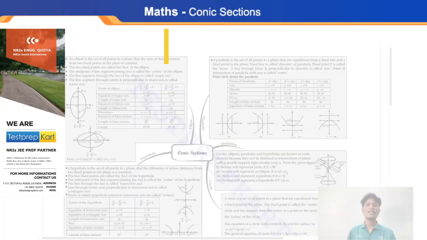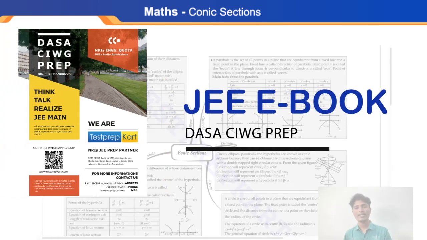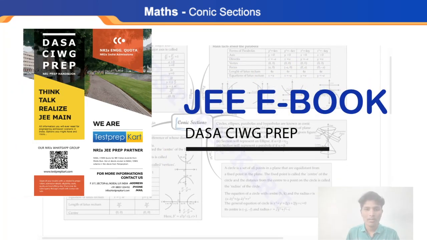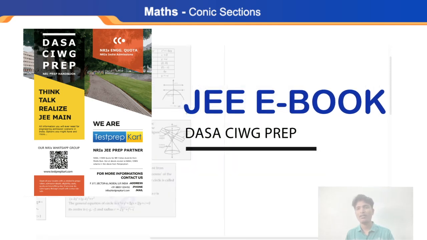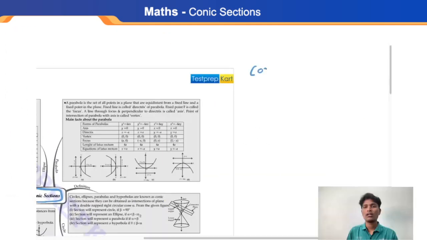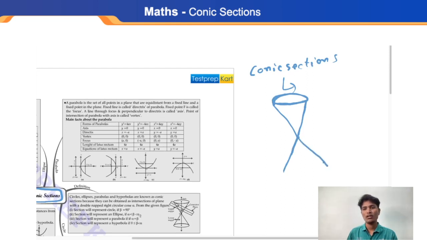Now let's get into this video and discuss the conic sections. This is a conic section, and one thing I want to explain is that we get the conic sections by sectioning this cone.